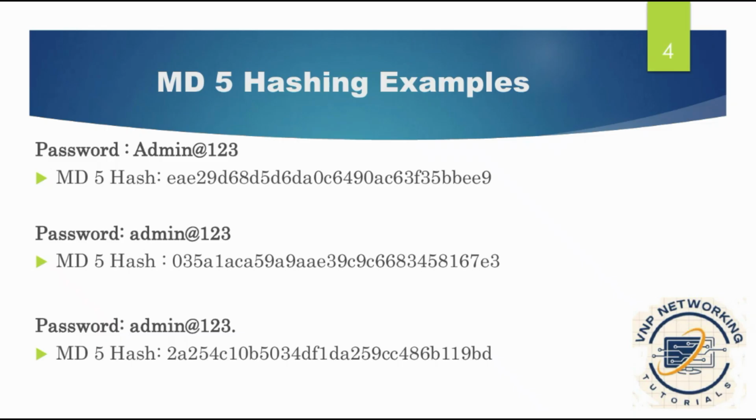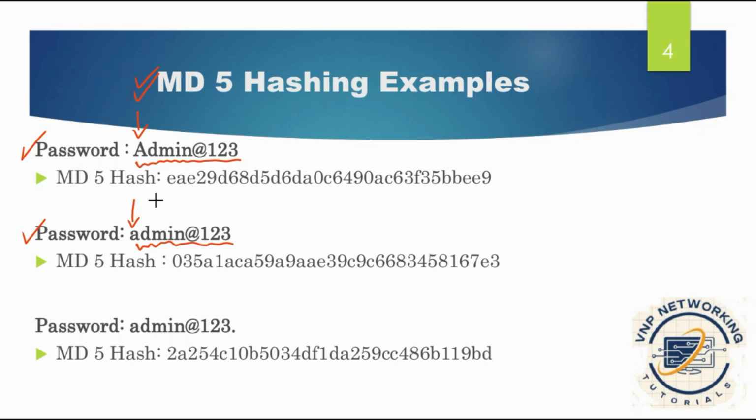Now let's compare the MD5 hashing for a few passwords. For example, the first password shows Admin@123, where the A is capital, and the second password is also admin@123 where the character a is small. Please compare these two hashes.